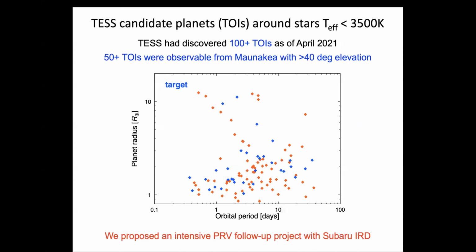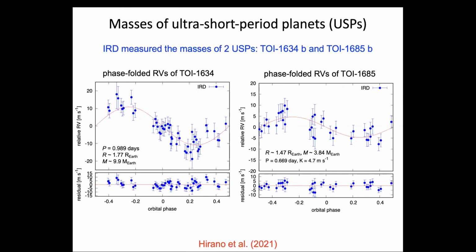So I just pick up one previous result for two USPs, TOI 1634b and TOI 1685b. So we could measure the precise masses of the two USPs.